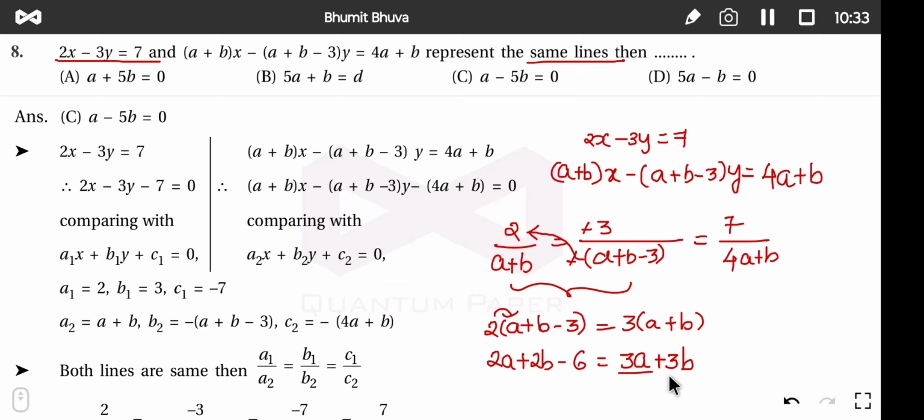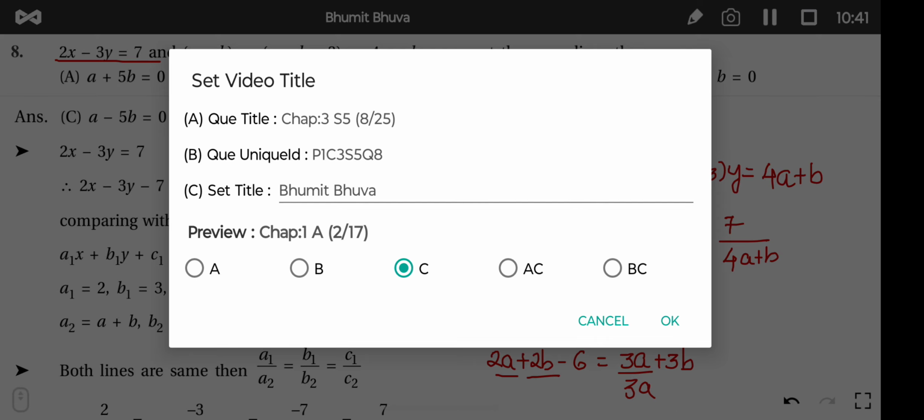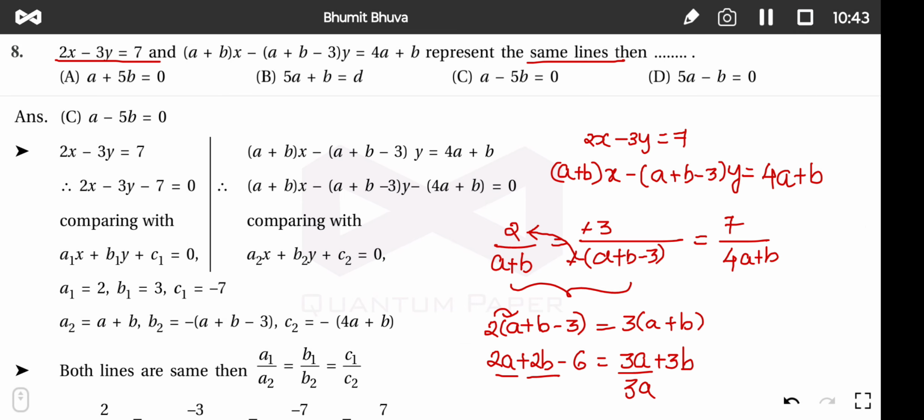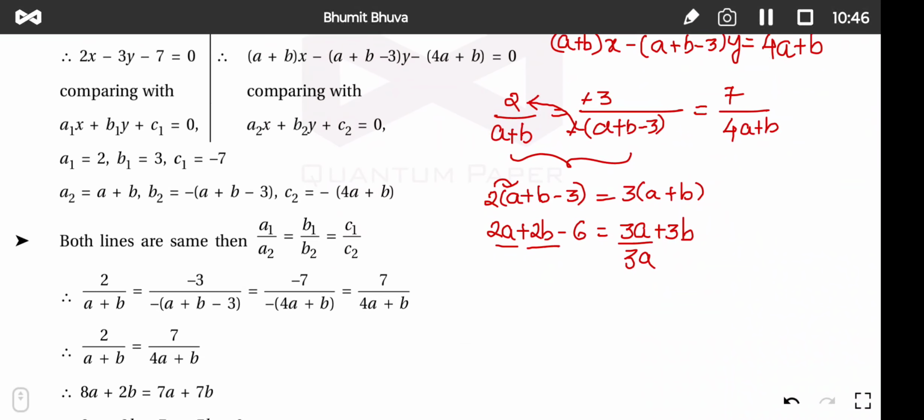Let's take 2a and 2b to that side. So 3a plus 3b minus 2a minus 2b, and if we take this minus 6 also to that side, it becomes plus 6, equal to 0.